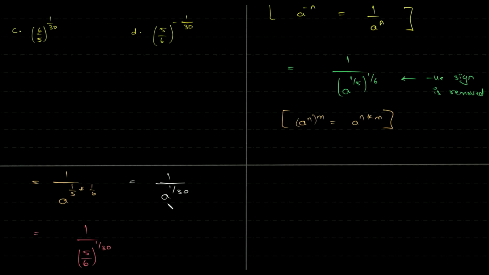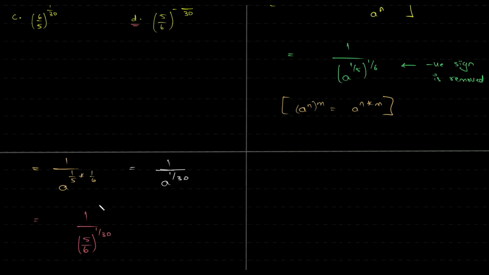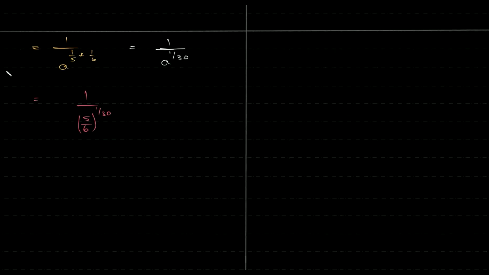Of course this is not the answer because we have to choose the option. So option D, let's examine option D. Option D is (5/6) whole to the power of minus 1/30. The question is, what is not equal to one of the expressions over here?